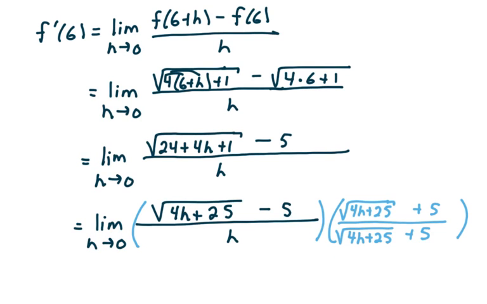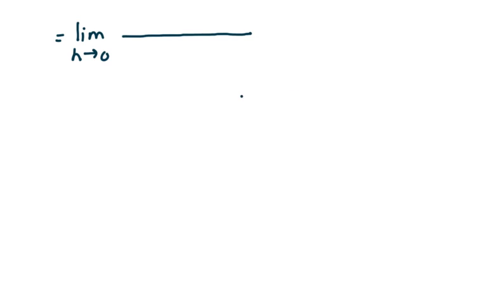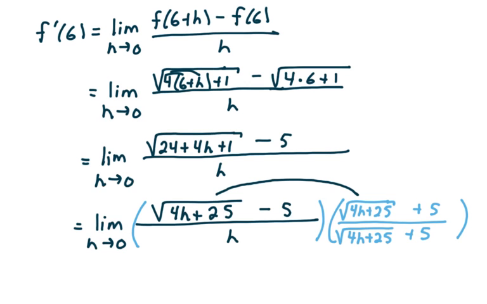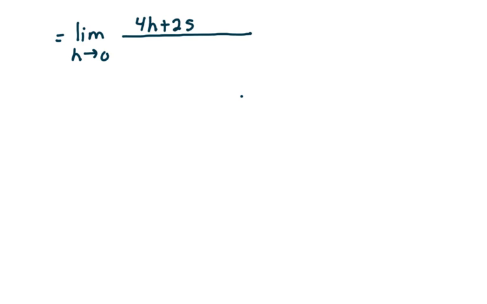Okay, now on the next page, this is the limit as h goes to 0 of, on top, the square root of 4h plus 25 times the square root of 4h plus 25. What we get is what's left in the radical, which is 4h plus 25. And then 5 times 5 is 25, and we don't want to forget the minus sign, so we're going to subtract 25.